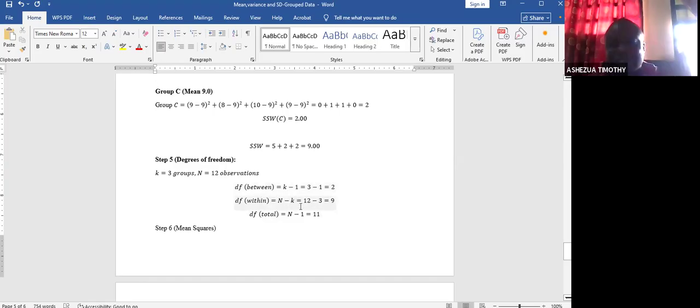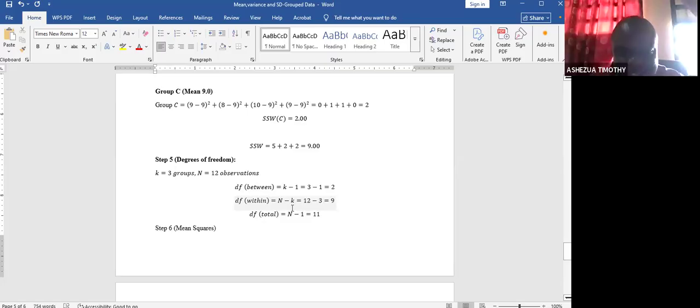We established that N is equal to 12 and k is equal to 3. 12 minus 3 gives us 9. Degree of freedom total is capital N minus 1, which gives us 11. Anybody contesting this arithmetic computation? No.